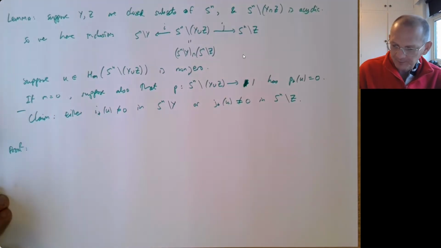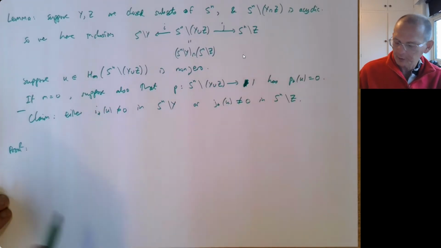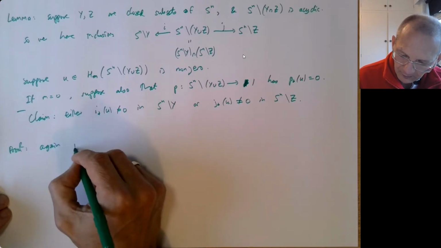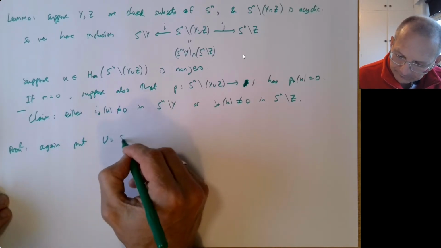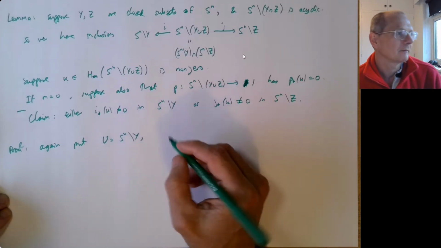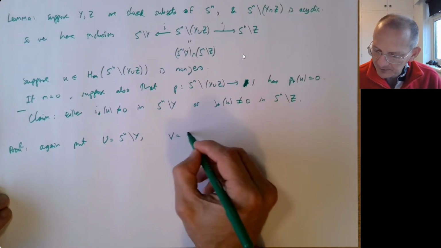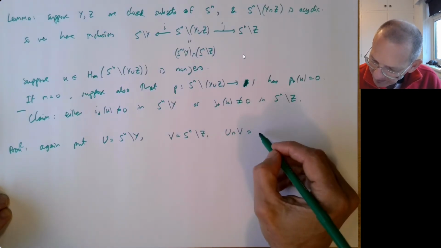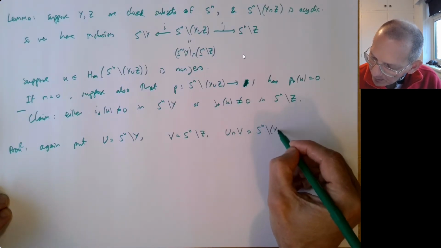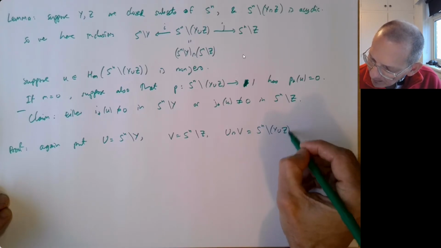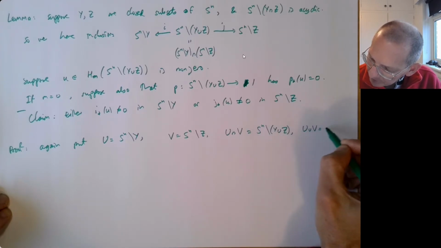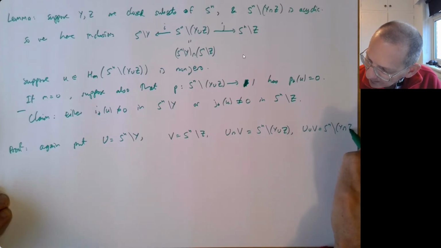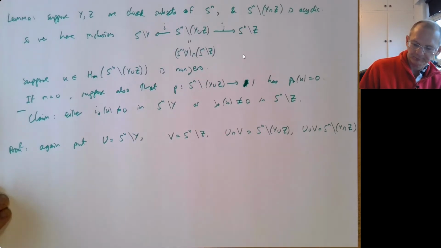The proof is basically the same as what we said a minute ago. Again, we're going to put U as S^n less Y, V as S^n less Z. U intersect V is then S^n less Y union Z. U union V is the complement of the intersection.